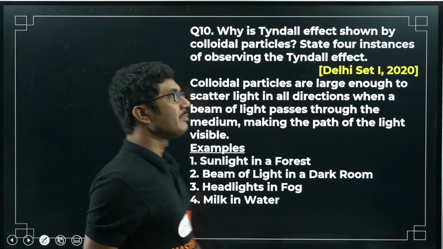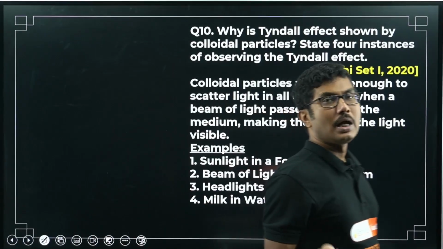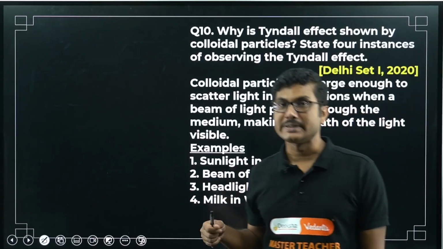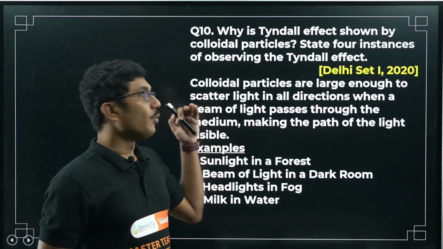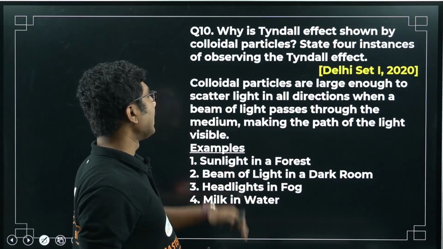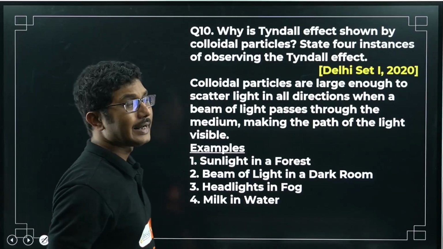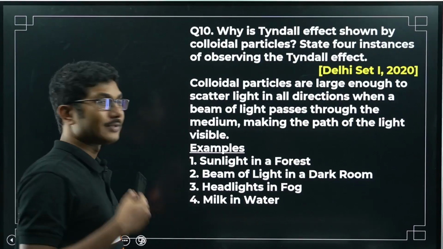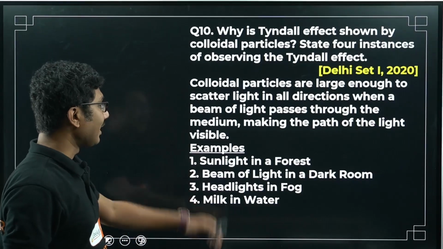If you add some partially soluble substances into water, for example glue, they become colloidal. When a beam of light passes through the medium, the path of the light becomes visible. The examples are sunlight in a forest.